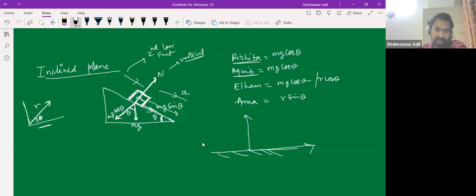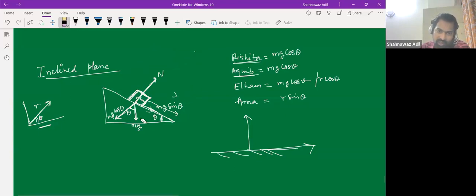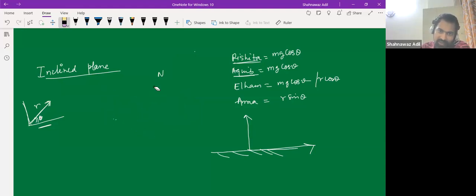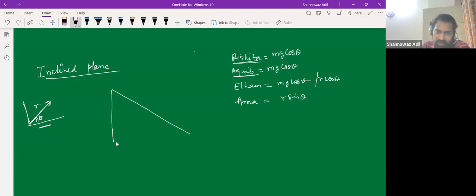Yes, sir. So now let me erase everything and draw the diagram again because I have made a mess of it. We have this inclined plane. This is theta. This is some mass.